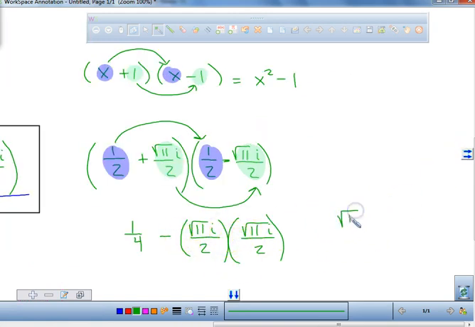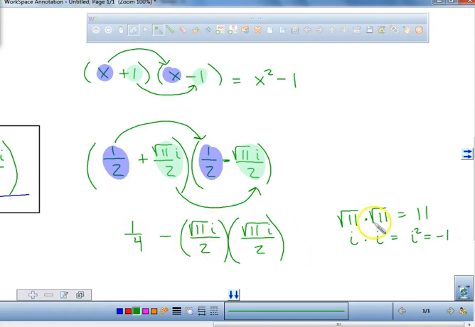What is a radical 11 times a radical 11? What is that equal to? 11. That's just equal to 11. Okay? What is i times an i equal to? From yesterday, that's equal to an i squared. But what is i squared always equal to? Negative 1. Okay?